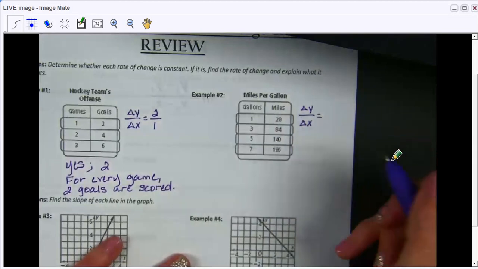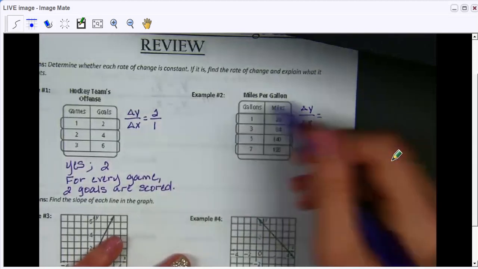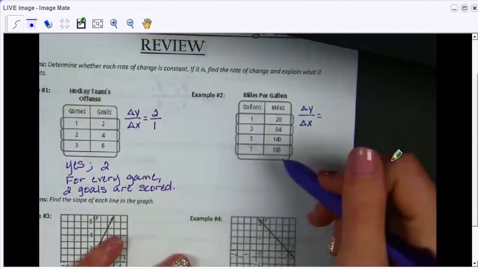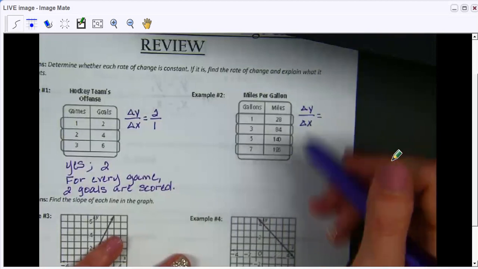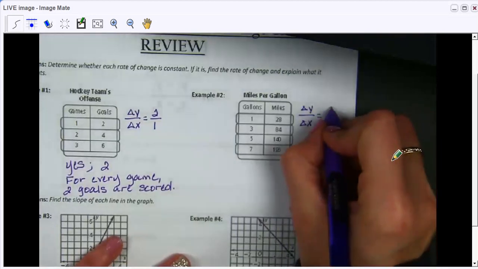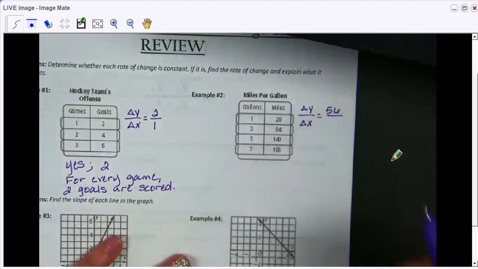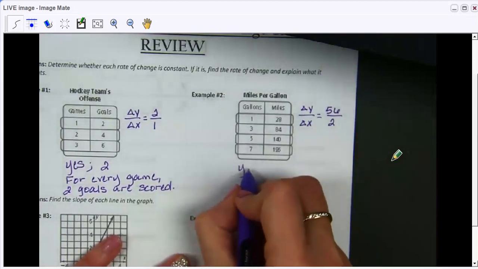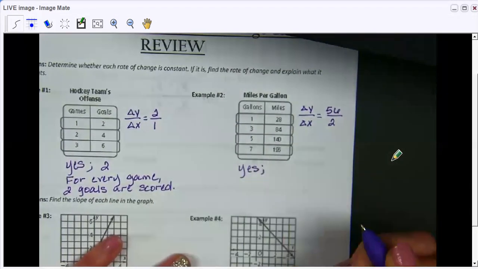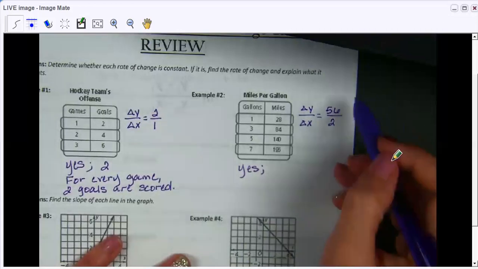Does anyone know the rate of change? I mean the change in y? It's 56. And what is your change in x? 2. So that means your rate of change is 28, because you would take 56 divided by 2.